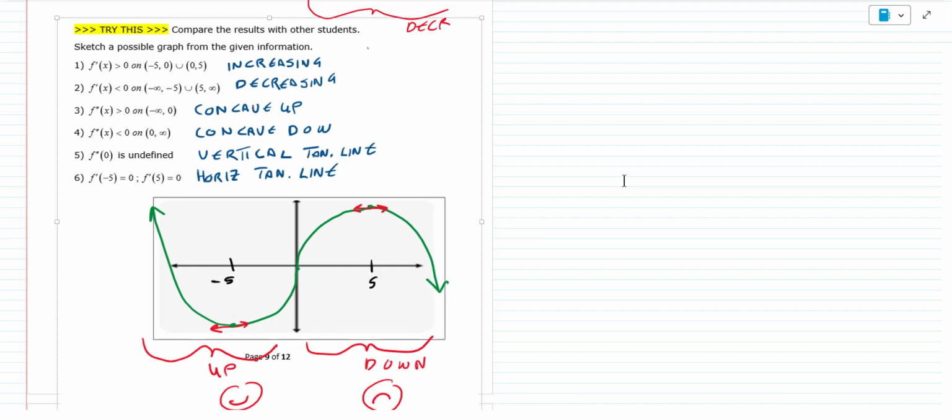If a derivative is undefined, it's either going to be a sharp point or a vertical tangent line. If the derivative is 0, then that's a horizontal tangent line. So you have to make a note to yourself on that. Then you can start getting a graph. And getting the graph sometimes is the hard part.